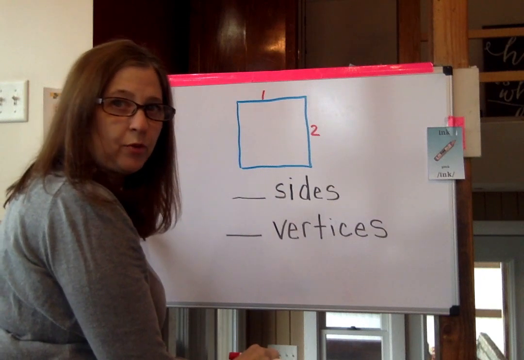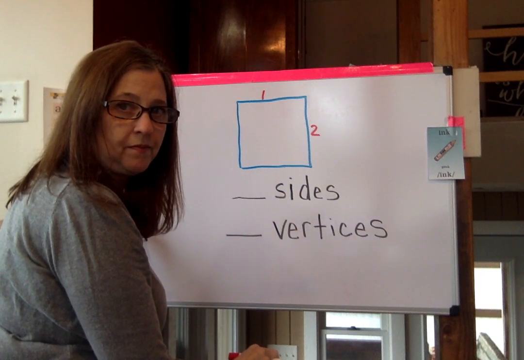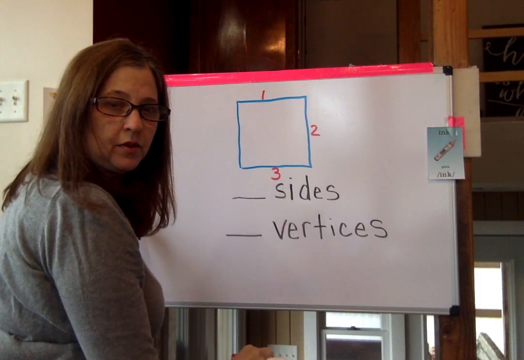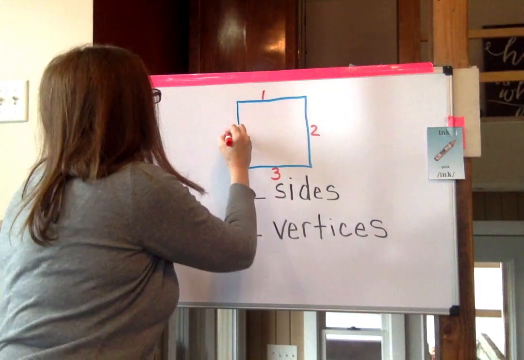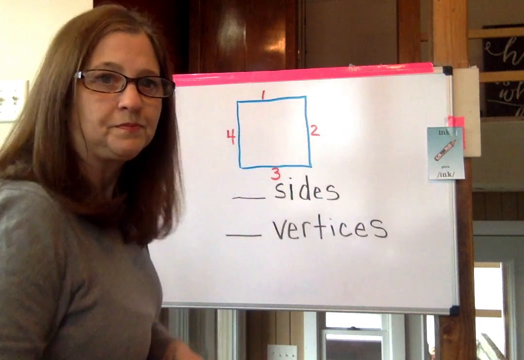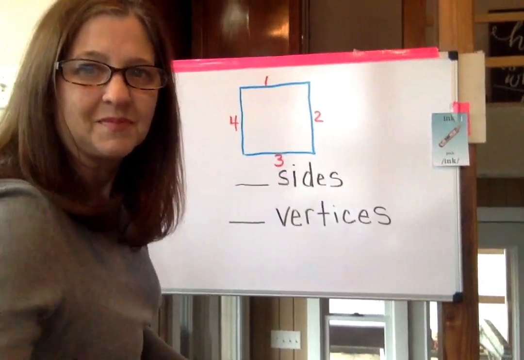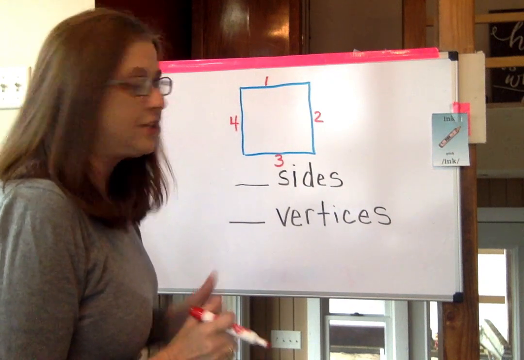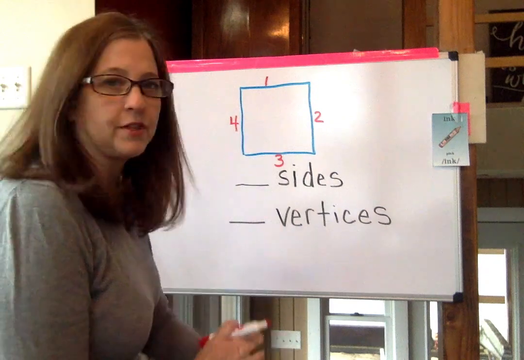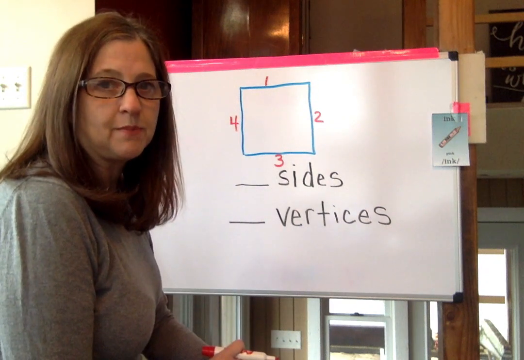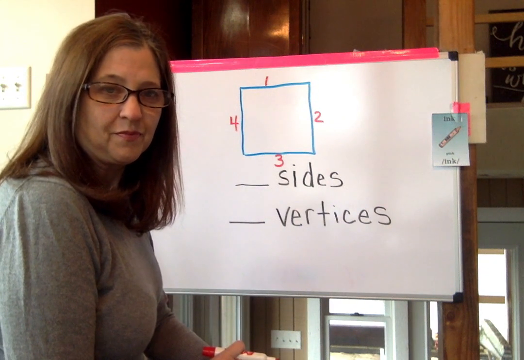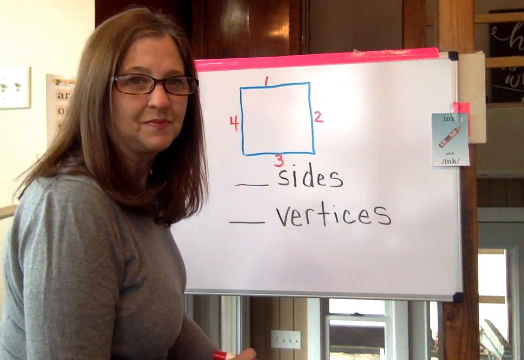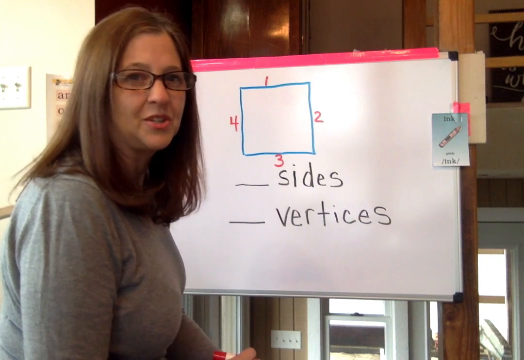Go ahead and label them when I label them, okay? 3, 4. All right, perfect. When you are finished labeling the sides of the square, give me a thumbs up. Good job.